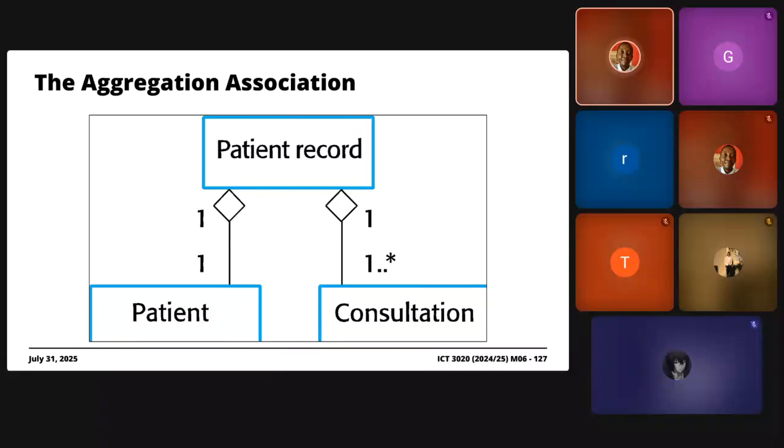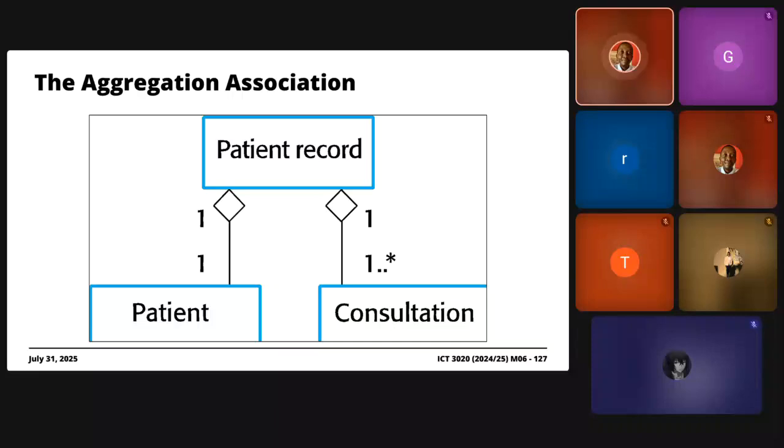Now what you begin to notice here is that the diamond symbol for aggregation is hollowed out, right? It's not solid. This is what distinguishes aggregation from composition. If you look at composition, you'd have a solid diamond symbol. So you're using a diamond symbol that's not solid; it's hollowed out. And then you have the line here, right?